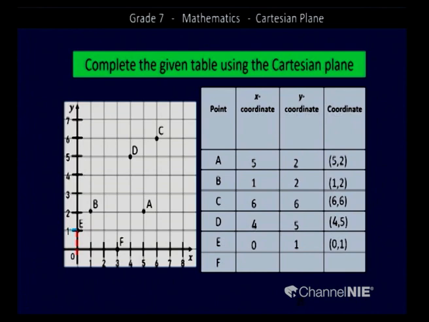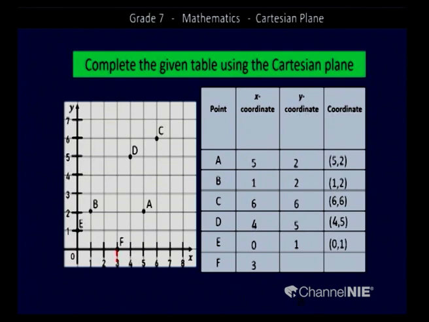Right. Then I will move on to point F. When I draw a perpendicular from point F to the x axis, it goes to plus 3. Isn't that so? Therefore, I can say the x coordinate of point F is equal to plus 3 and it is on the x axis.